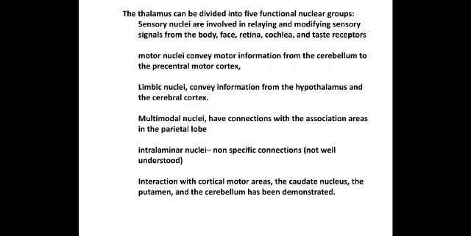The multimodal nuclei have connections with the association area of the parietal lobe. The intralaminar nuclei, which have non-specific connections, are not understood well. The interaction with the cortical motor area, the caudate and the putamen, and the cerebellum has been demonstrated. So this is the functional relationship of the nuclei with sensory, motor and emotion.